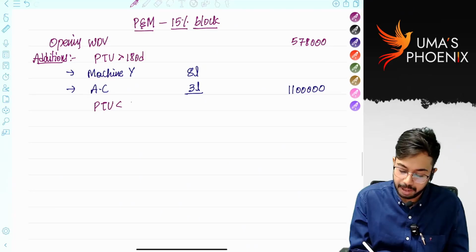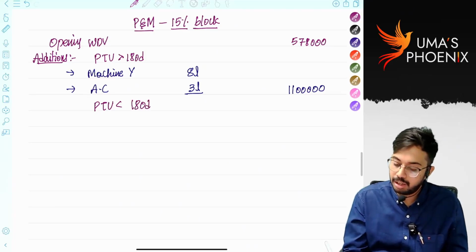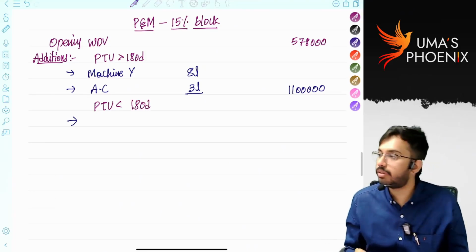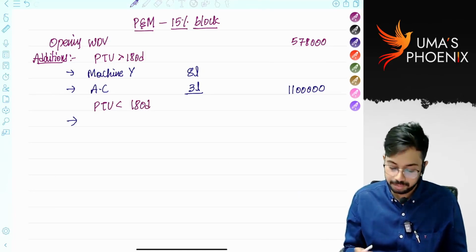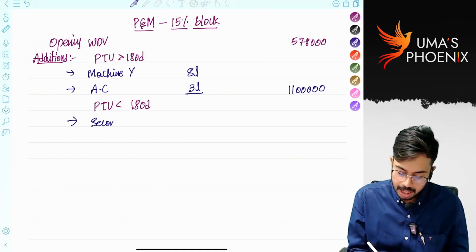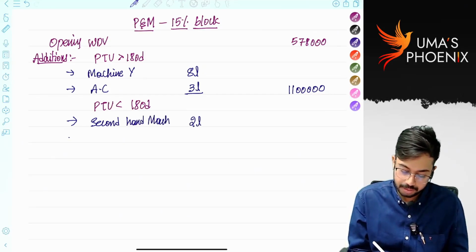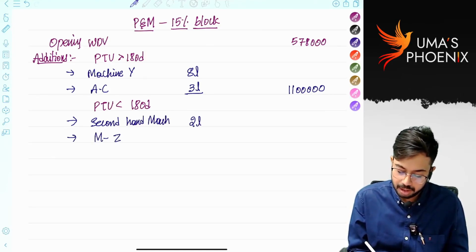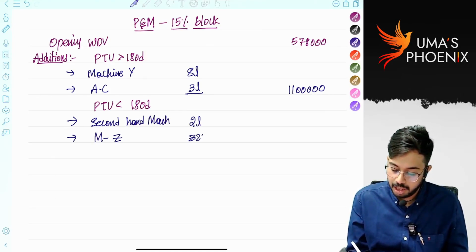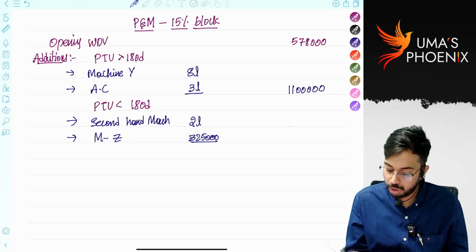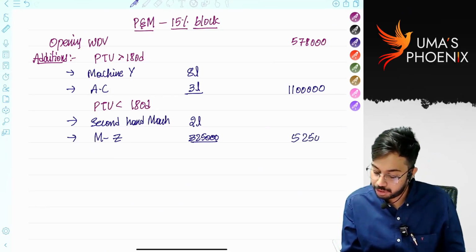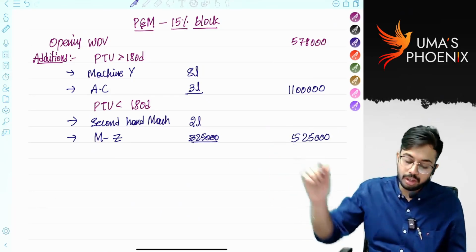Now, assets put to use for less than 180 days. Can someone help me? Second hand machinery. How much? 2 lakhs. Okay. Next. Machine Z, 3,25,000. So total 5,25,000. Hold on.